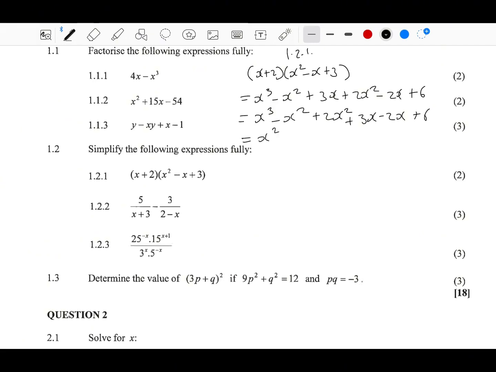So you have x cubed minus x squared. Now 3x minus 2x is x. It's like saying 3 minus 2, right? So it's plus x, and then 6. Boom. So that's your final answer: x cubed minus x squared plus x minus 6.